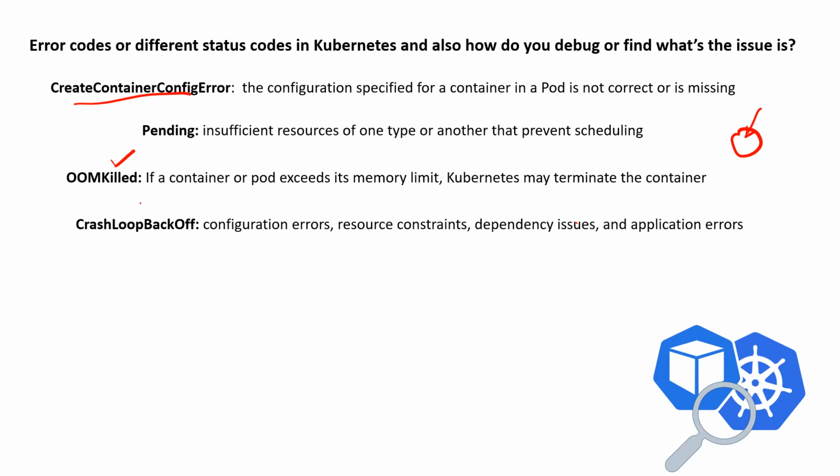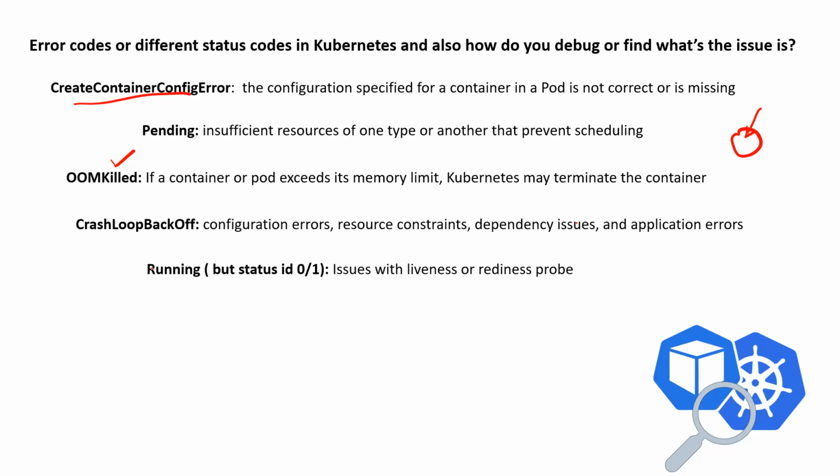So it will continuously try to restart, and that's where the pod status will get stuck at the CrashLoopBackOff error. In this case, definitely the logs or events will be helpful, and we will see what commands we can execute to see the logs and events of Kubernetes.